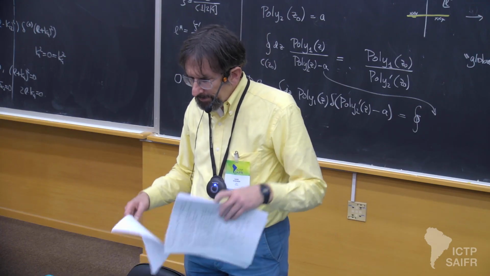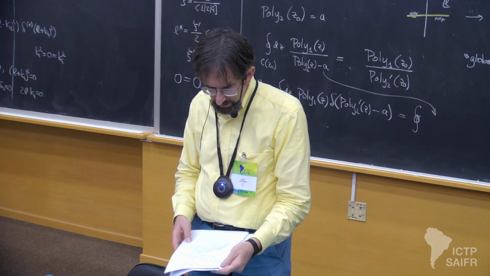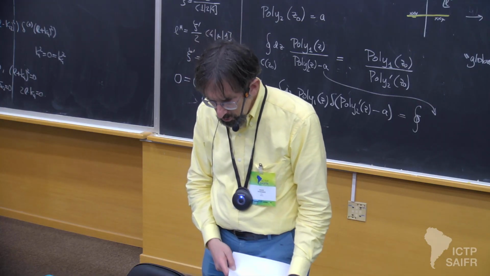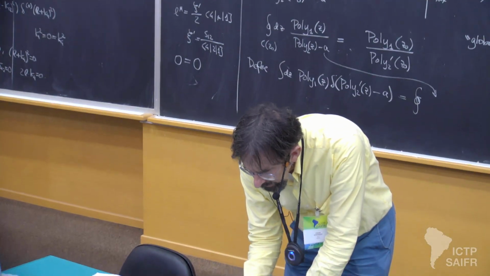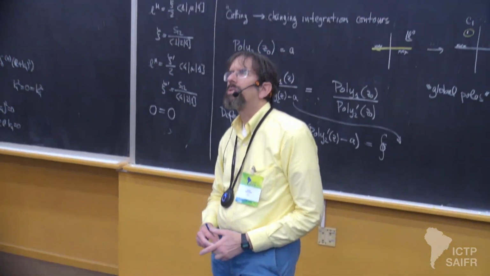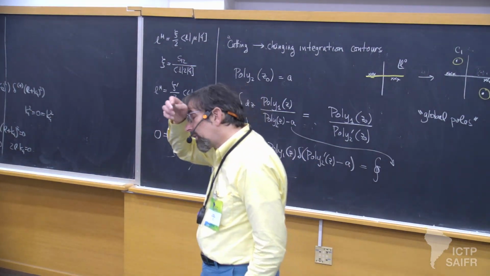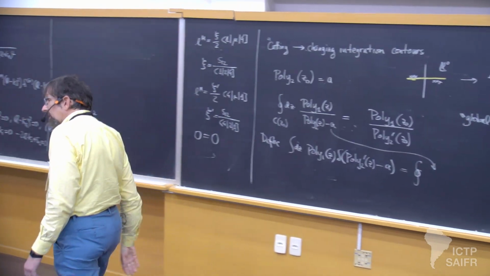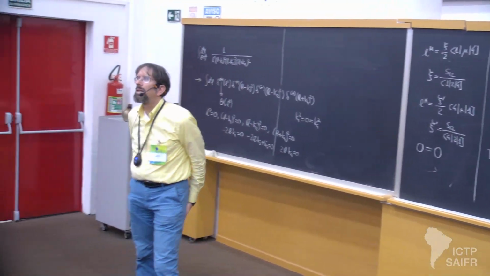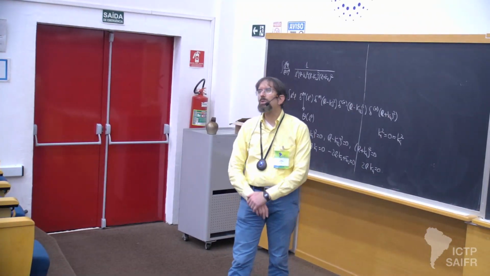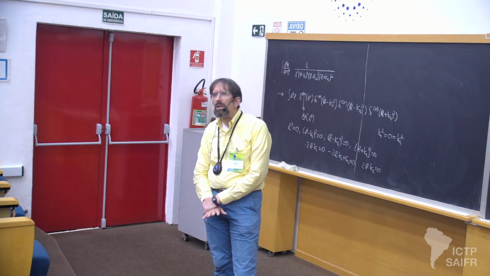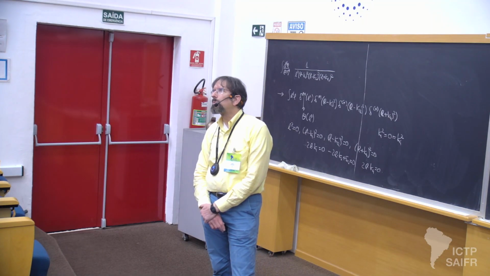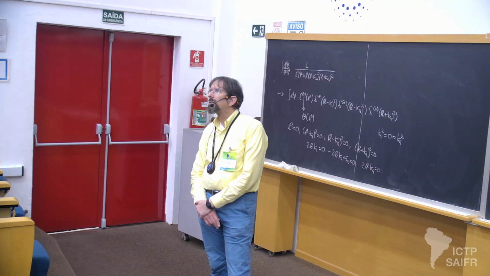Well, that's a little bit tricky because the loop momentum is actually d-dimensional. So I didn't demonstrate this to you explicitly, that one can actually do the cutting in 4 dimensions. That's actually a special property at one loop. It's not generically true at higher loops.